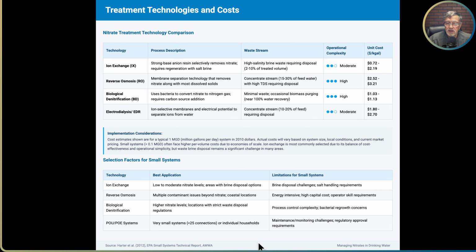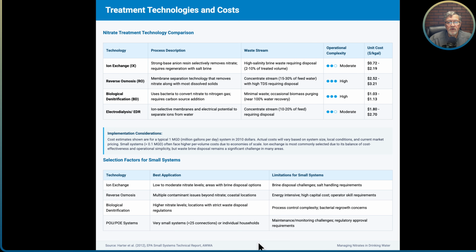RO is the same thing, and ion exchange and electrodialysis are more moderate complexity. So I would say IX is probably your best bet, but RO generally has a little bit more flexibility, and you can go to POU, POE systems, and not just a big central plant.